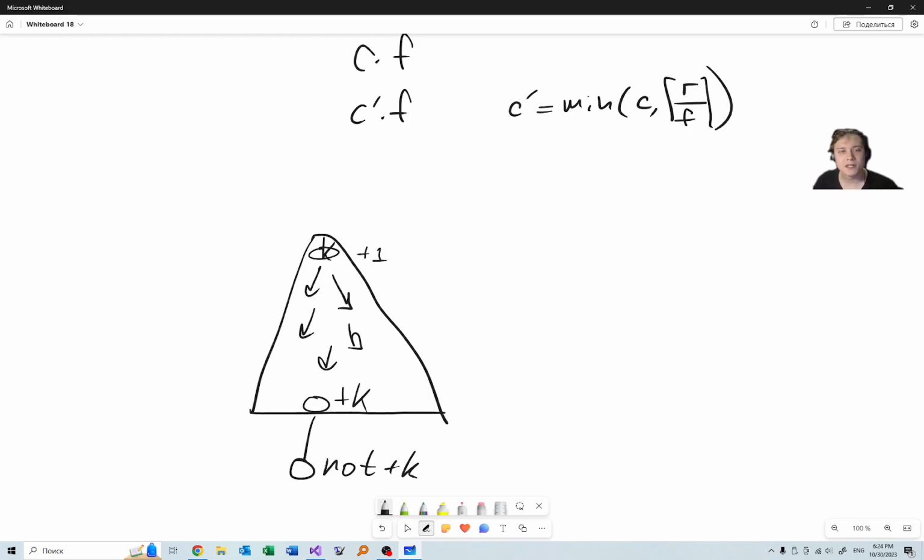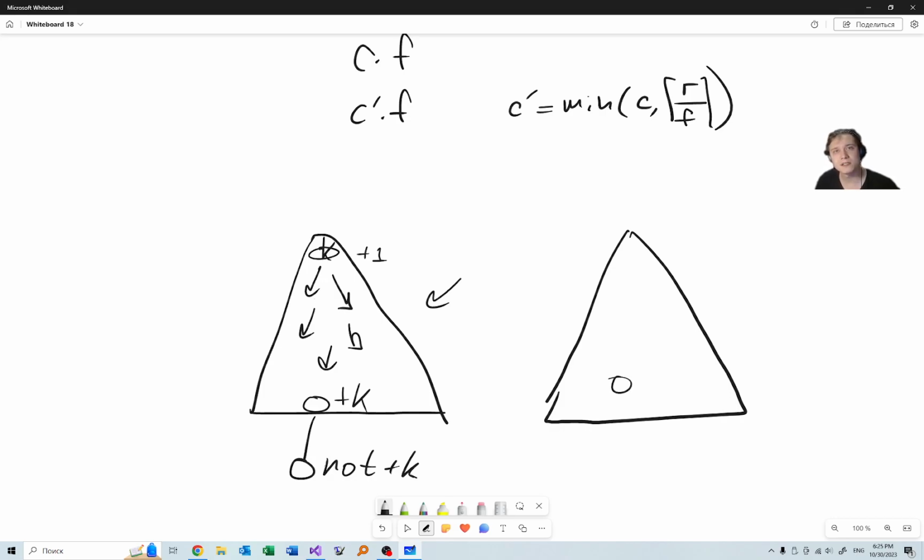I think it will be fine if we also have the second type of operation, or the third one, which is given a vertex, find its current value.